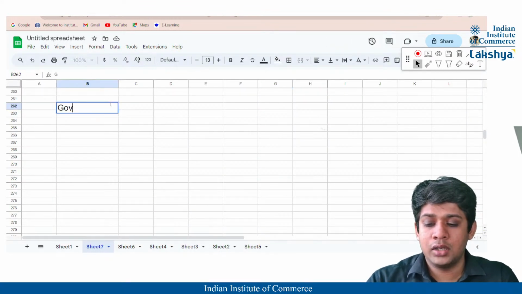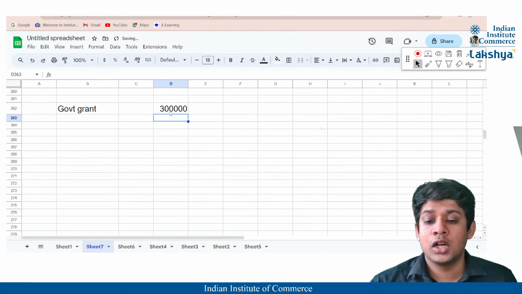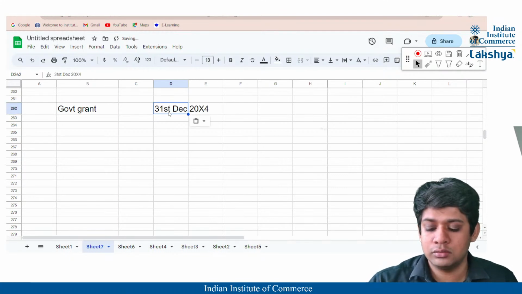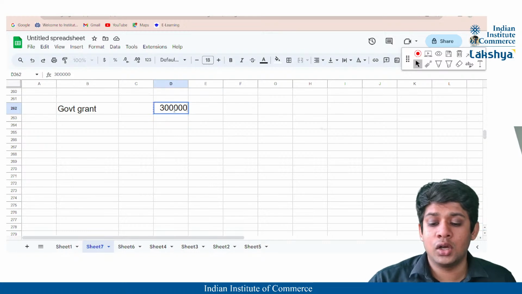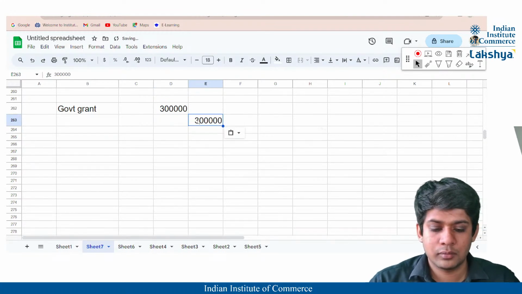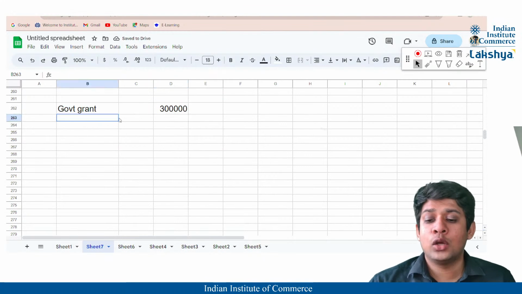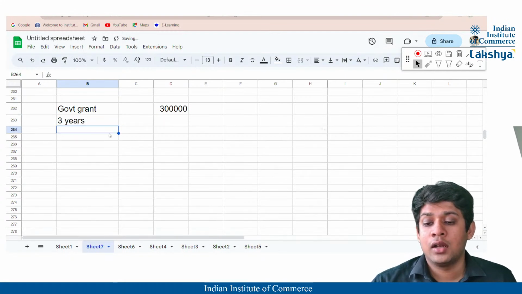Technically, the government grant that has already been received is $3 lakh, correct? Now, this grant I have received $3 lakh for actually complying with the government for a period of 3 years, right?